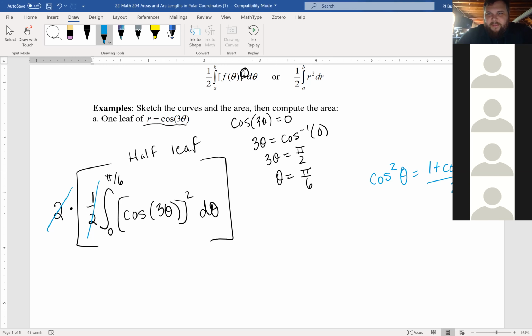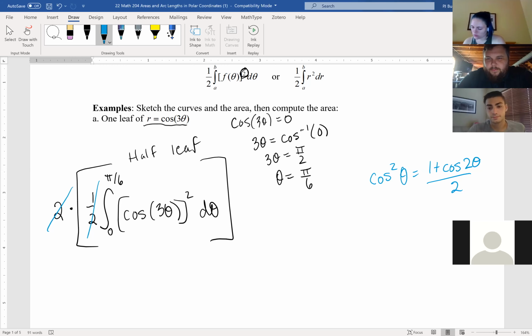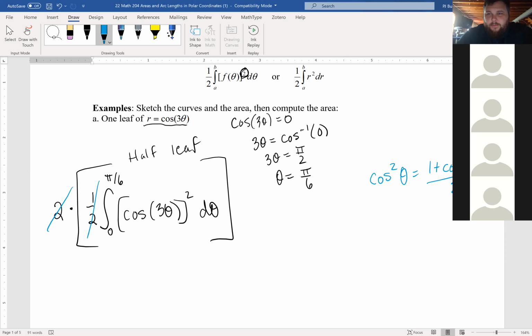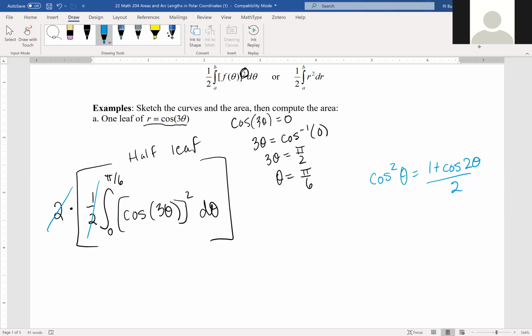Anybody put a thumb up? I can't see everybody. So, in this case, since it's 1 plus cosine 2 theta over 2, when you replace it for the cosine 3 theta, would it be 1 plus cosine 6 theta over 2? Absolutely.